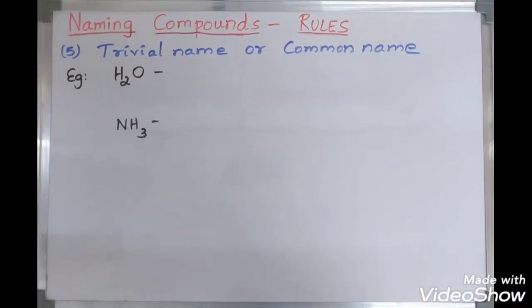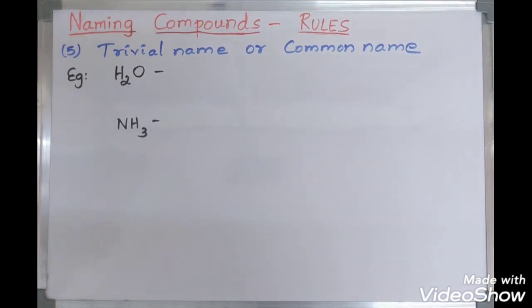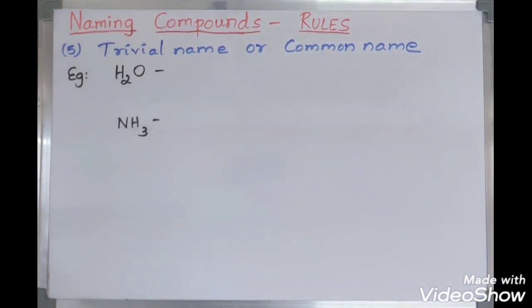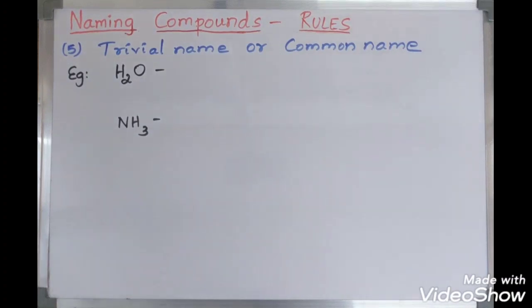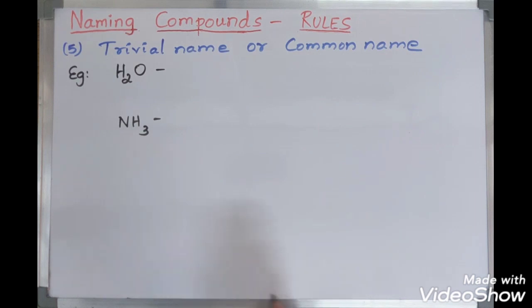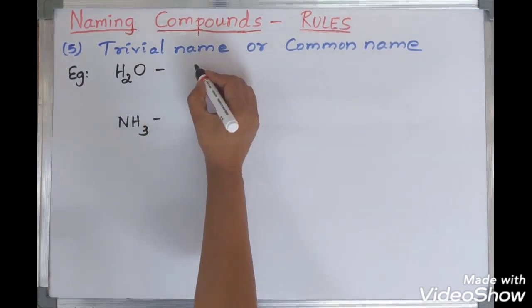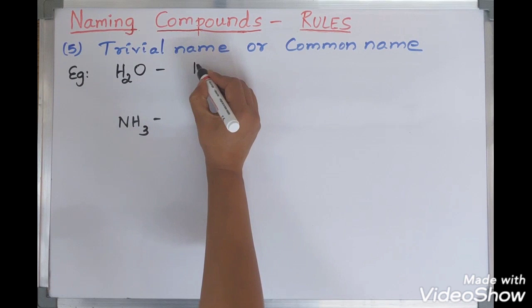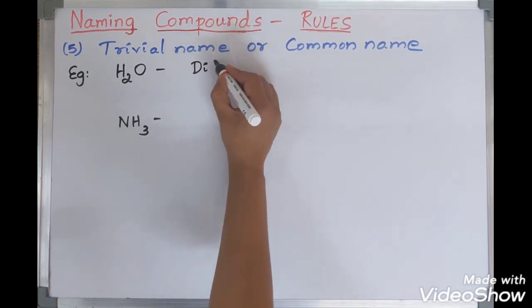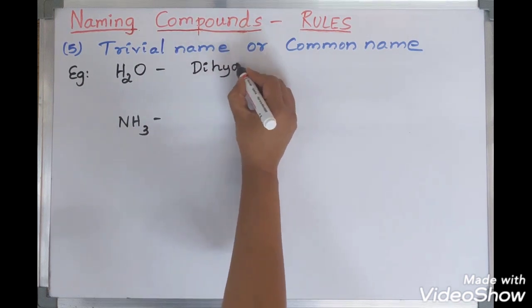Now the fifth rule, which is the last rule for your standard but not the least rule, is the trivial name or the common name. Trivial name, the other word for it is common name. Now let us learn this with the help of examples. We have H2O. According to the chemical name, it has to be dihydrogen monoxide.